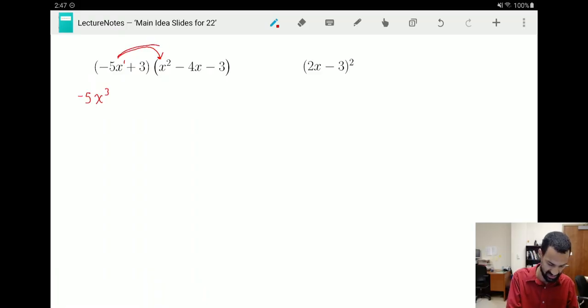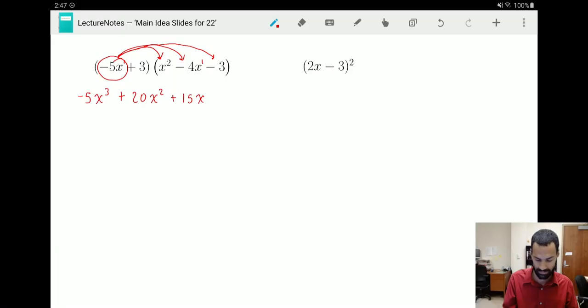Negative 5x times negative 4x would be a positive 20x to the second power, right? Because they both have a 1, so add those ones together and you get 2. Negative 5x times negative 3 would be a positive 15x. Okay, so I have distributed this negative 5x across.